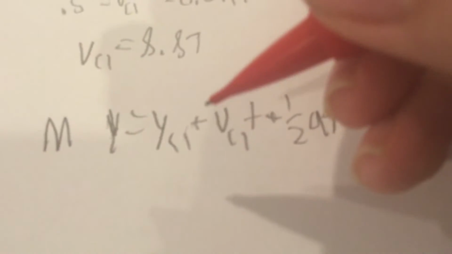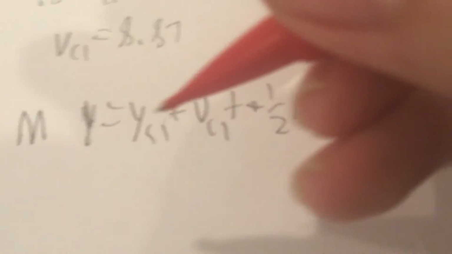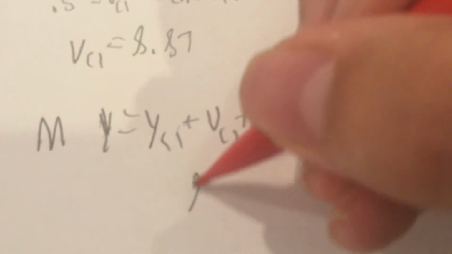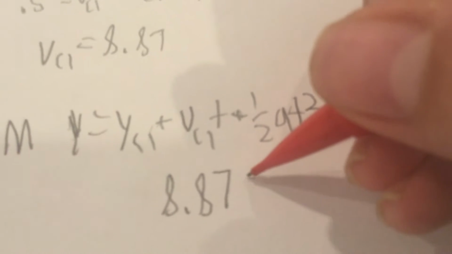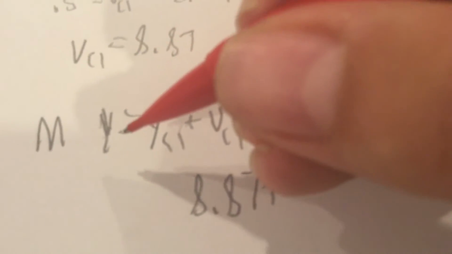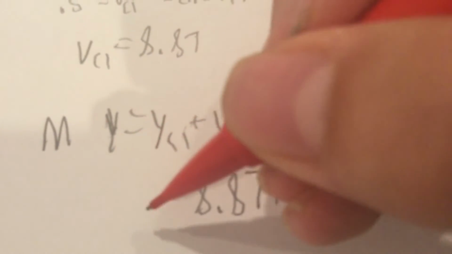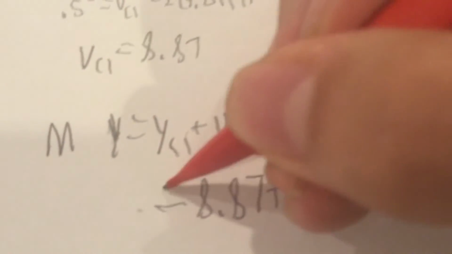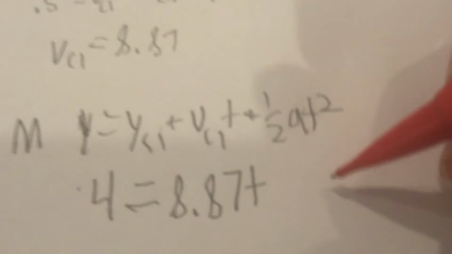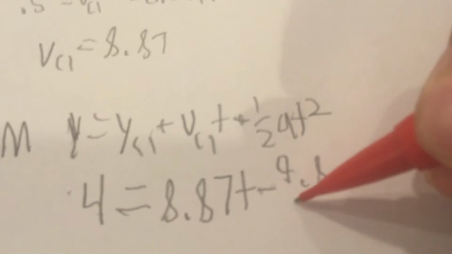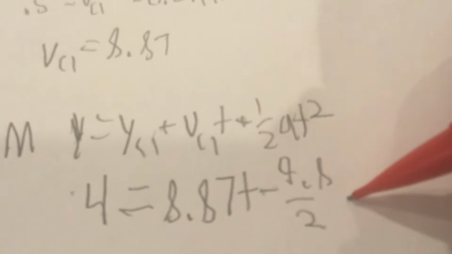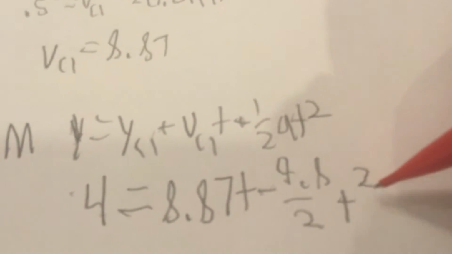We found v naught to be 8.87. We're going to find t when y equals 4, and we have negative 9.8 over 2 t squared. So we're going to solve for t in this equation.